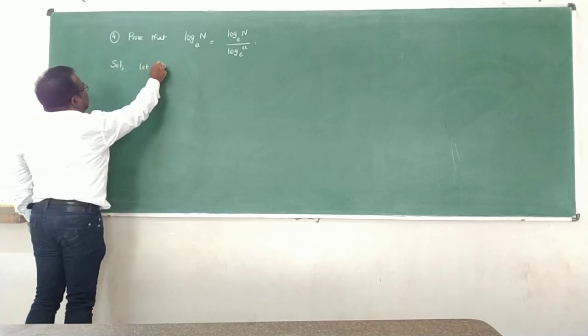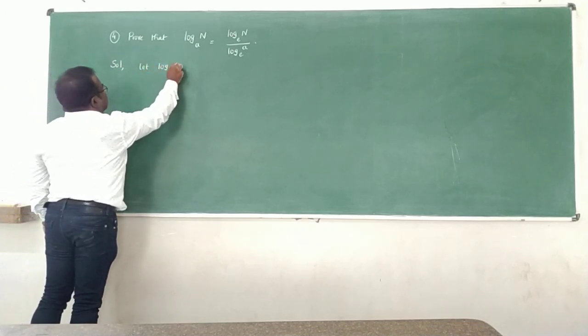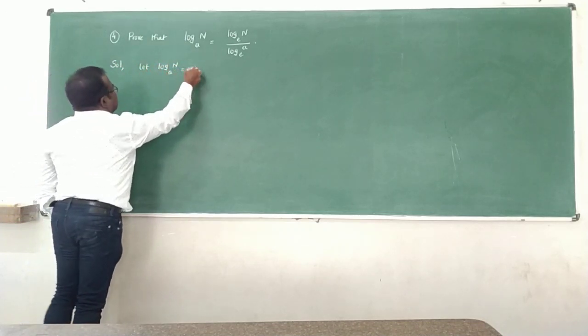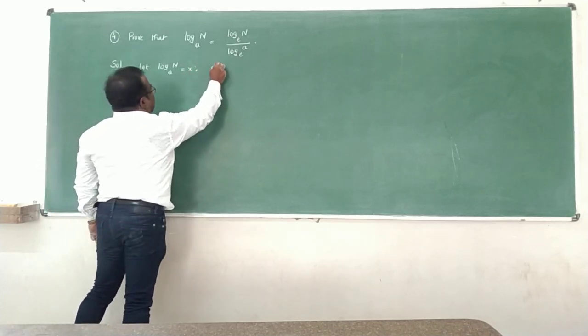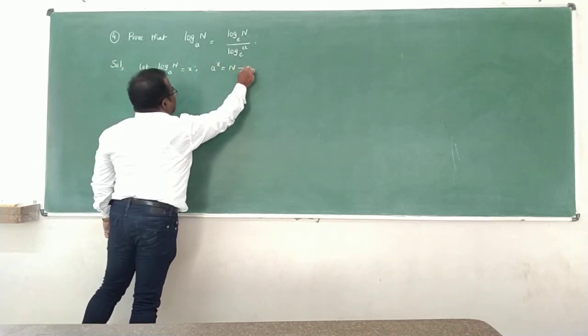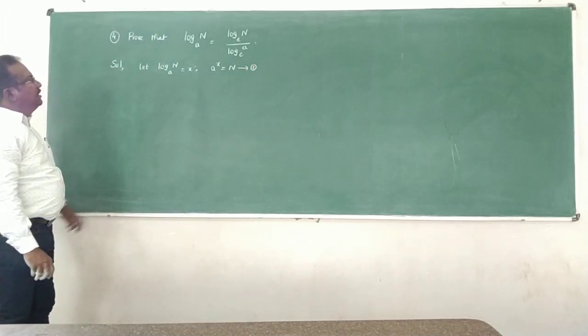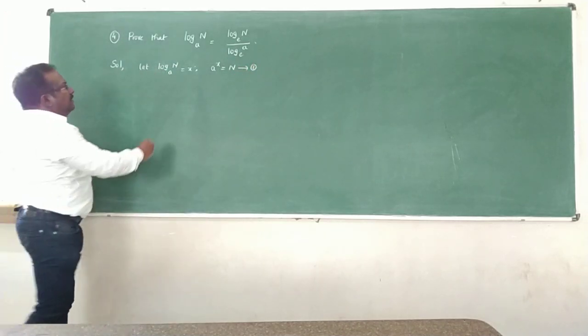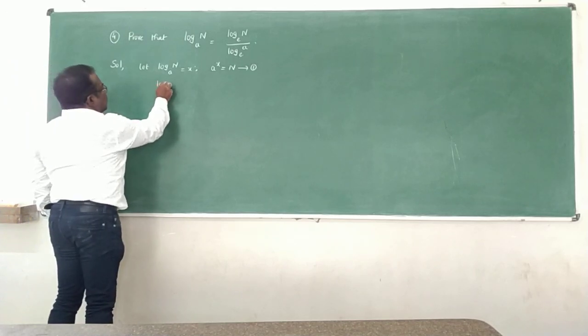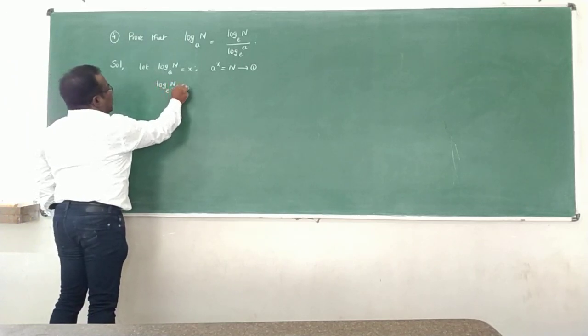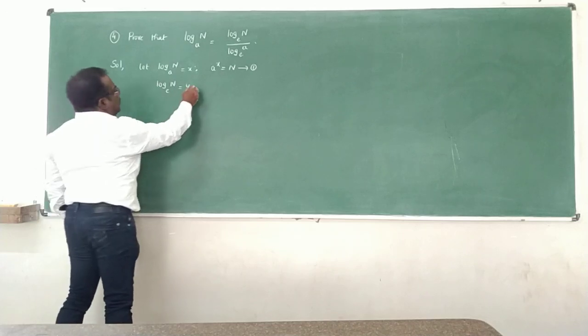Let log n base a = x. We can write it as a^x = n. Next we are taking log n base e = y.